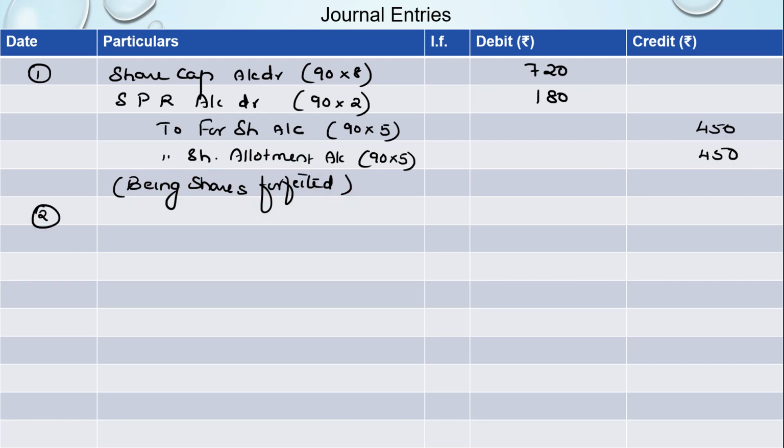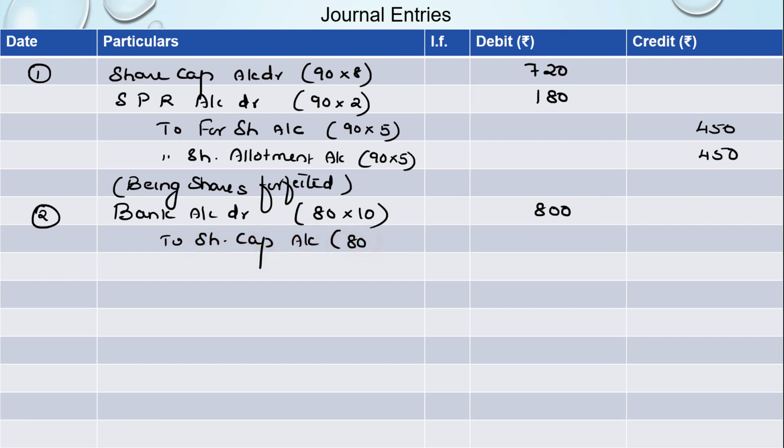Next entry is for the reissue. Money is being received, bank account debit. But only 80 shares are being reissued. And what is the amount being collected? 10 rupees. So 10 rupees collected, 800 received. But what goes into the share capital would be the called up value.